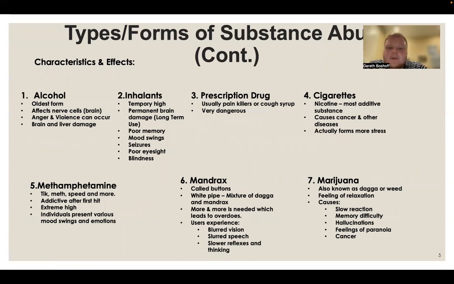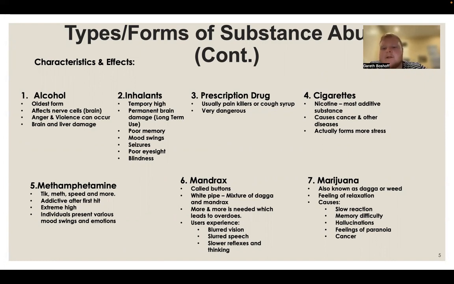The next one is prescription drugs, which is usually painkillers or cough syrup. This is very dangerous because a lot of people take advantage of this type of substance because they don't believe it's that dangerous. The next one, cigarettes, contains nicotine, which is the most addictive substance. It can cause cancer and other diseases.